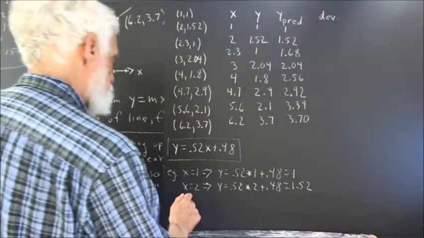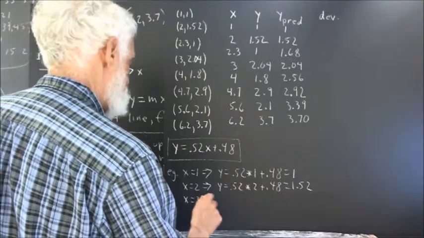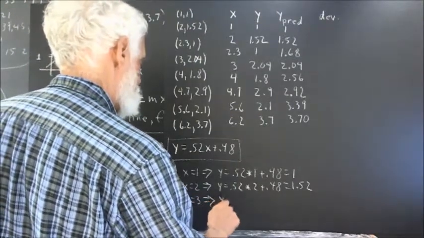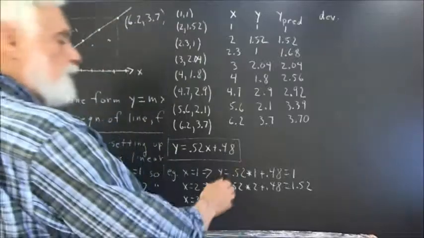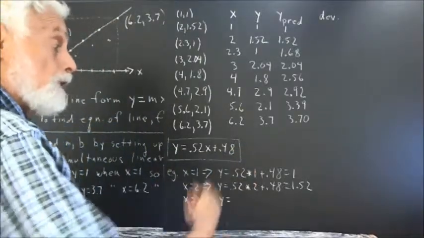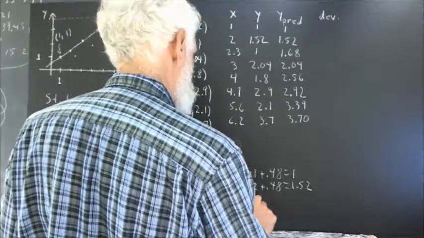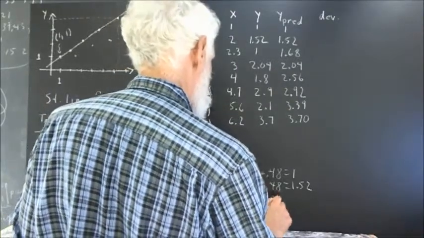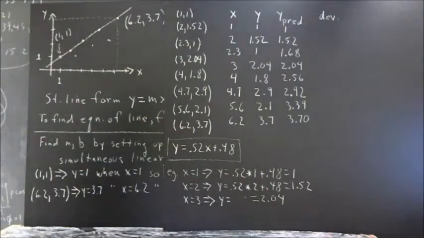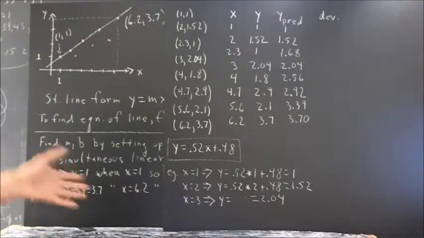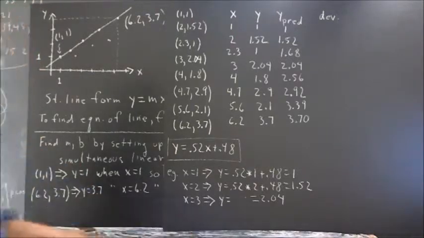Now x equals 3. Okay, well, it's going to be 0.52 times 3, which is 1.56. We add 0.48, and we get 2.04, as you can easily verify. Now, I kind of messed up there. I did the x equals 3 point.